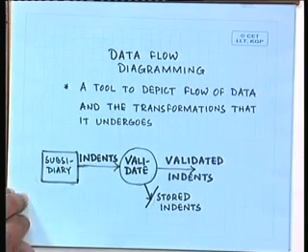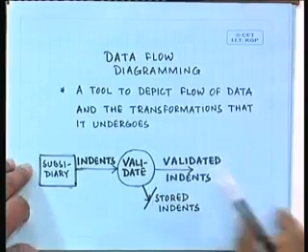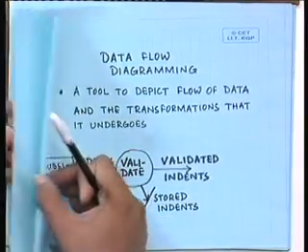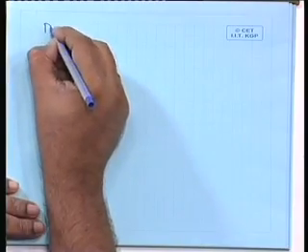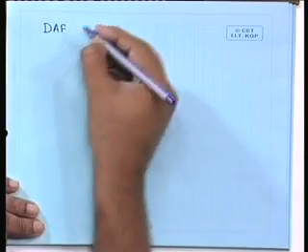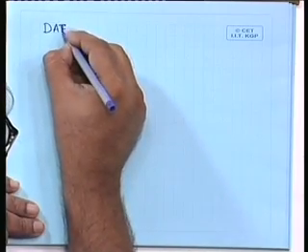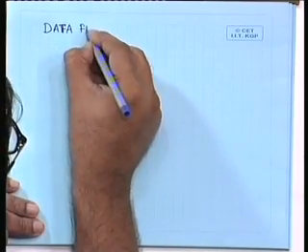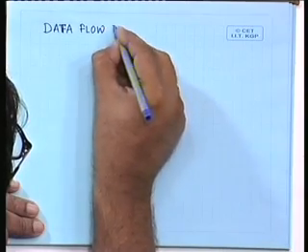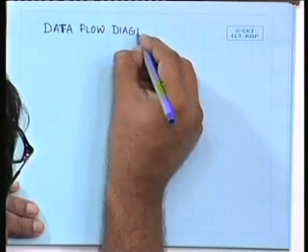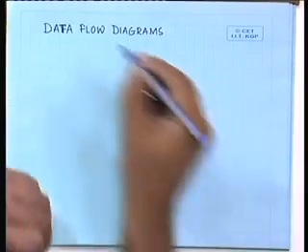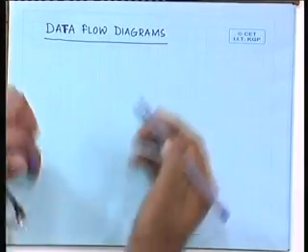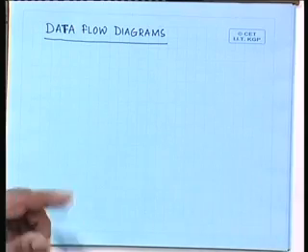So, we can see therefore, that the data flow diagram uses 4 basic symbols.